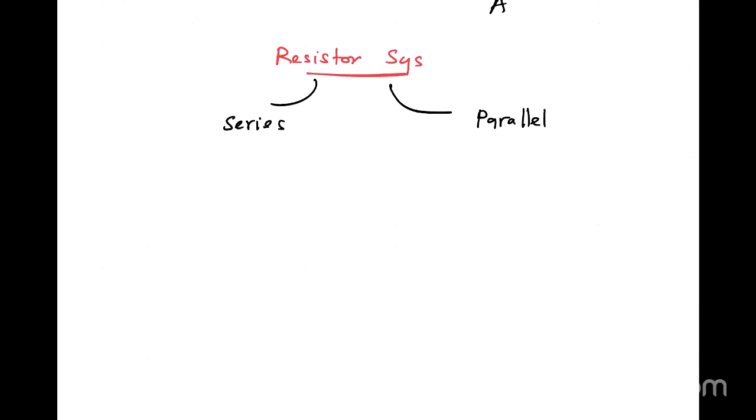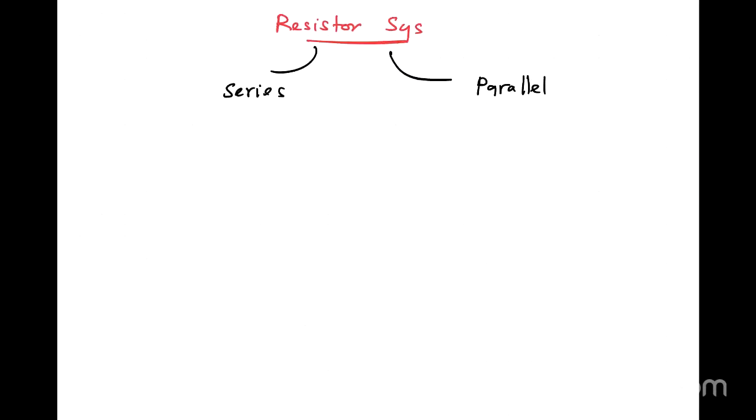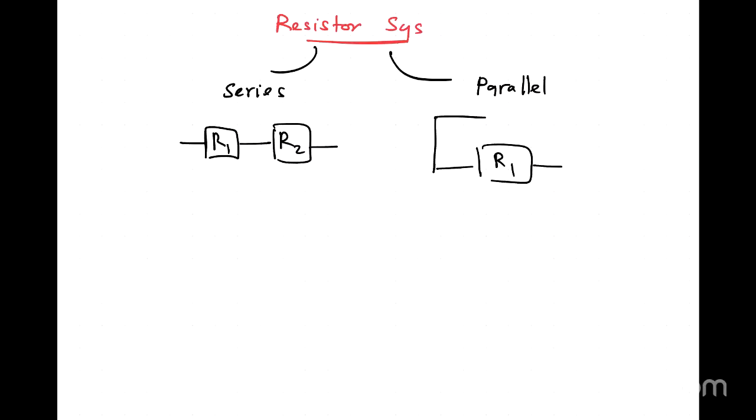Series means if I draw a simple setup, you will be having an R1 resistor like this and another R2 resistor like this in the series manner. And in parallel manner, you will be having R1 like this and R2 like this, right? So this is a parallel manner.